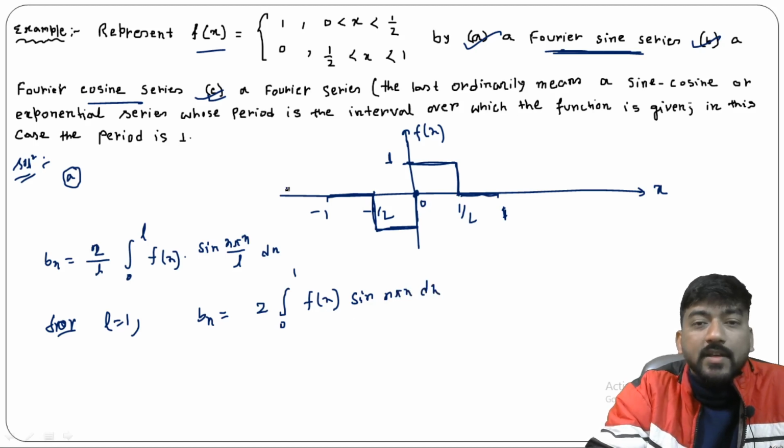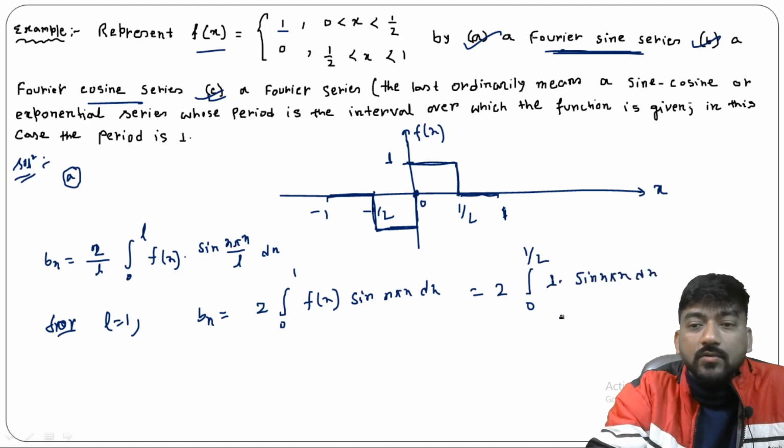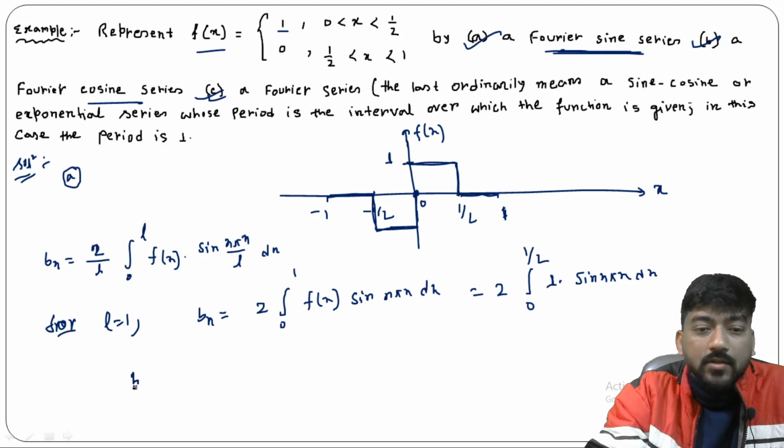And what is f of x? f of x is equal to 1 for 0 to half, so it will be just 2 integration 0 to half, 1 into sine n pi x dx, because for half to 1 it is 0. So your bn will be 2 into the integration of sine n pi x, which is minus cos of n pi x divided by n pi, with limits 0 to L by 2.